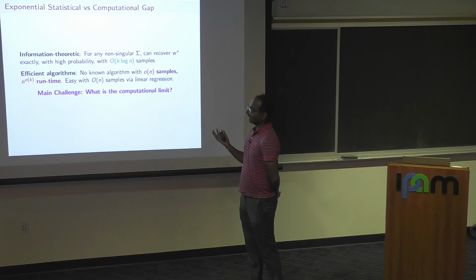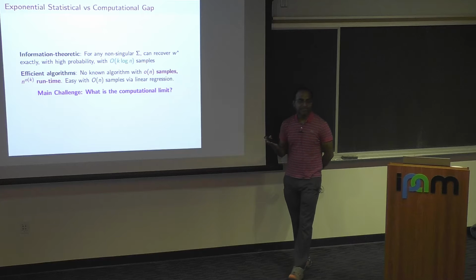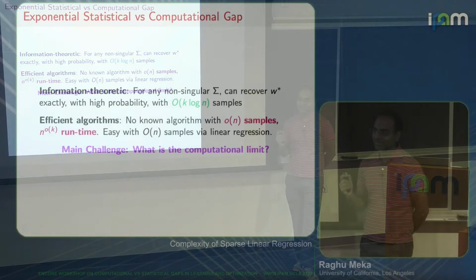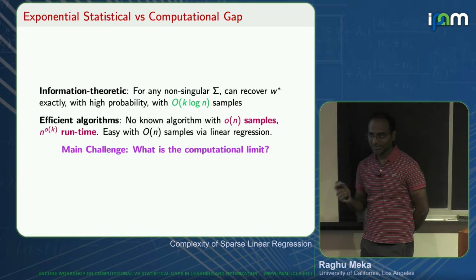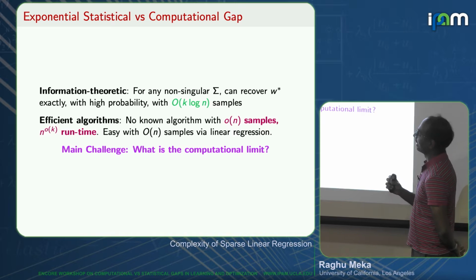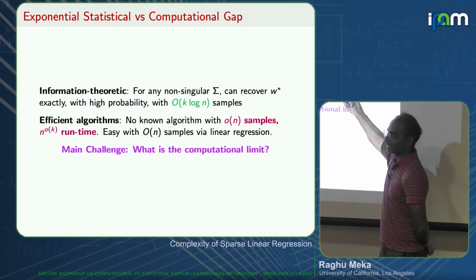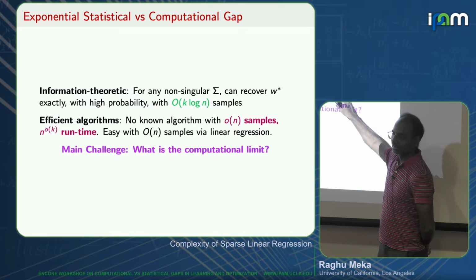So, on the other hand, that's optimal sample complexity, right? K log n is great because if you think of k as being very small, like 10, 100, then only logarithmic samples are needed, okay? How about efficiently doing it? So the current state of knowledge is there is no algorithm which can handle it with little o of n samples, okay?